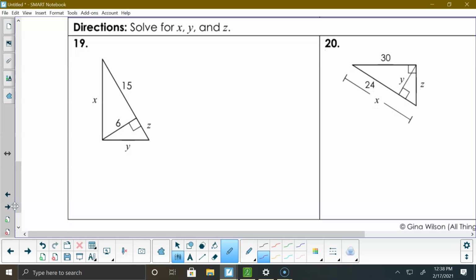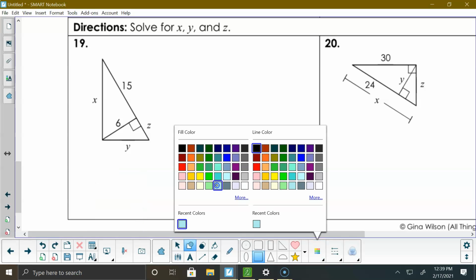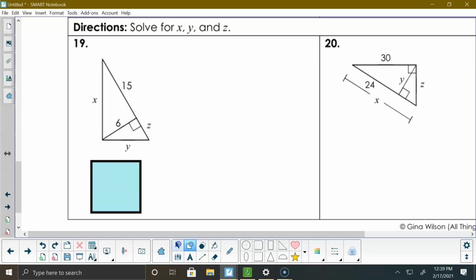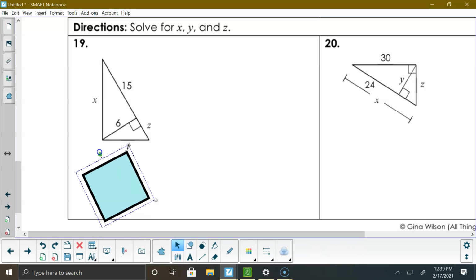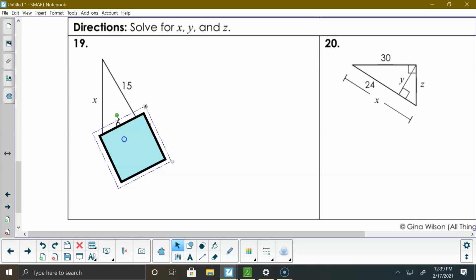Alright. So again, sticky notes are your friend. Alright, so when you're looking at like 19 and 20, the biggest thing with these is which triangle do you have that's got the most information?